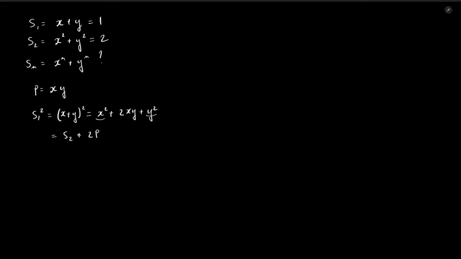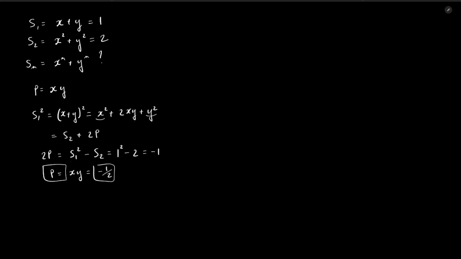So at the end, we have 2 times the product that is equal to S1 squared minus S2. And this is equal to 1 squared minus 2, so this is equal to minus 1. So at the end, we have P, which is xy, that is equal to minus 1 over 2.